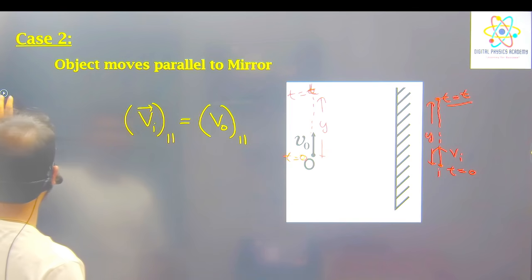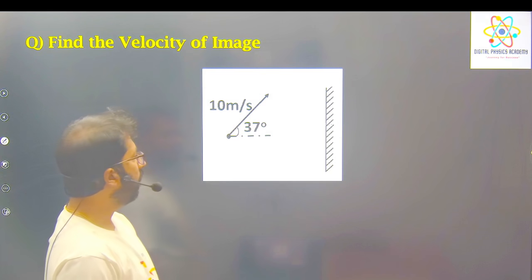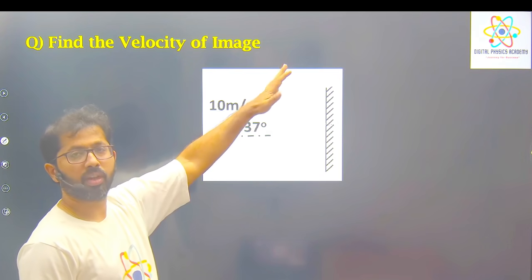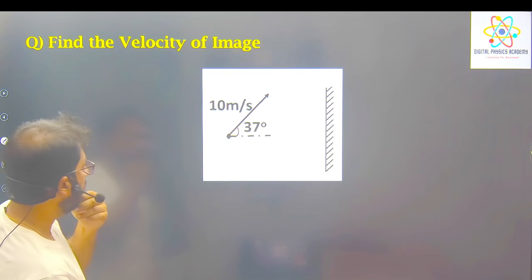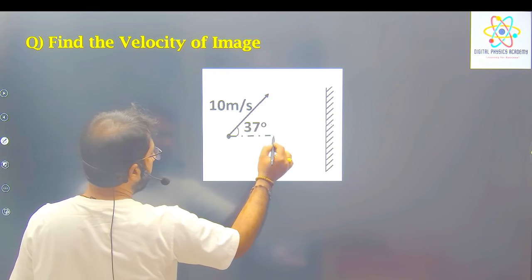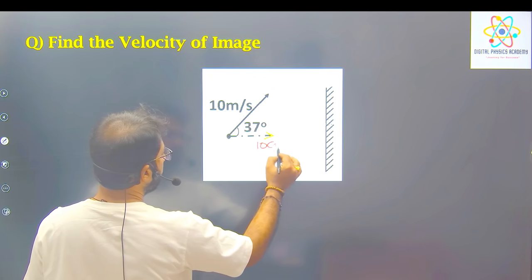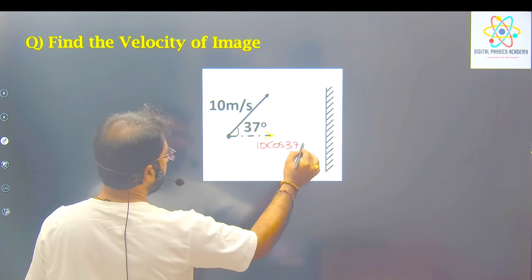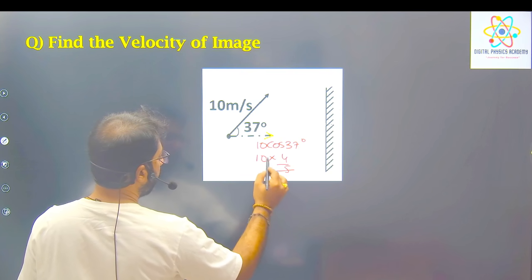Chalo. Now question. Find the velocity of the image. Now dekho, the object is going at a certain angle. I want to find the velocity of the image. How will it come? Okay. So we know already. We should take the components. So this component will be what? 10 cos 37. So 10 into cos 37 is 4 by 5.